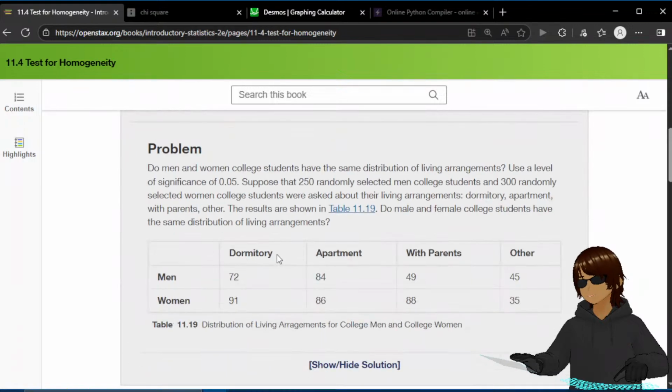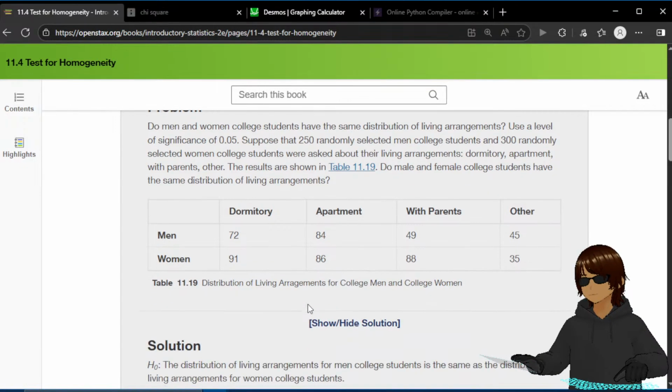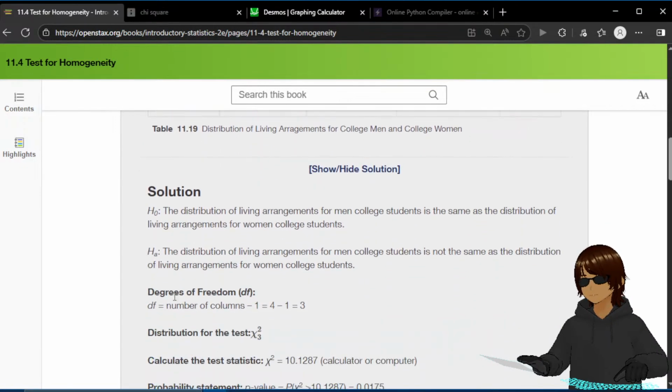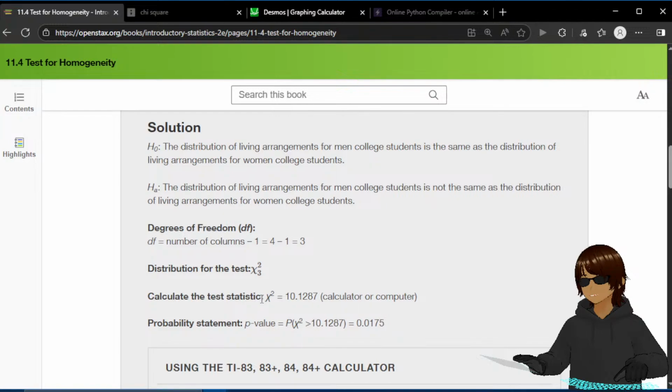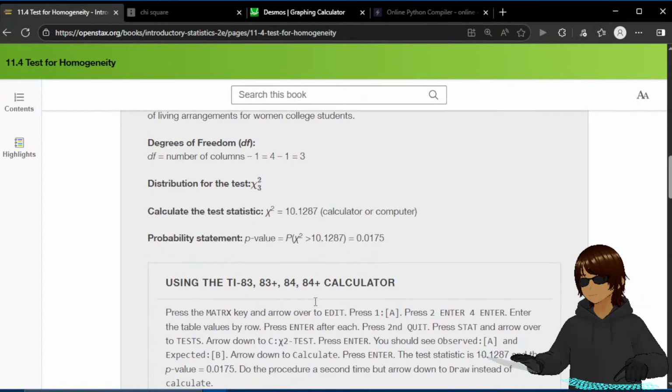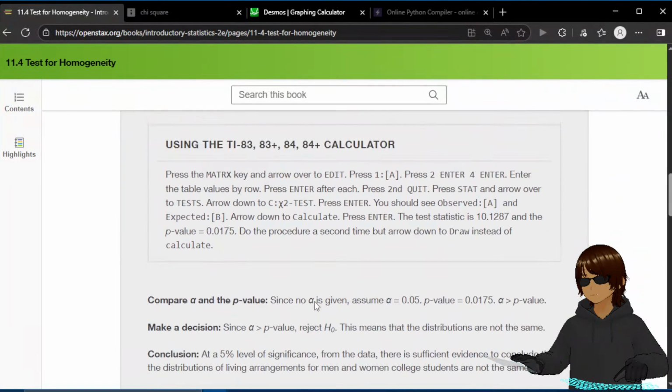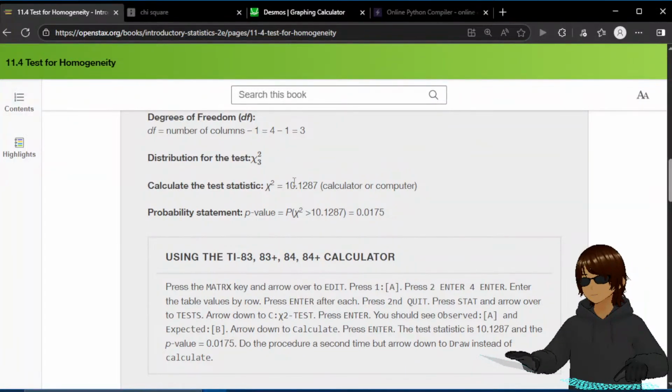What do they mean by that? Do we use one of the values as expected? X squared, 3. Calculator or computer. Wait, how did they get this?